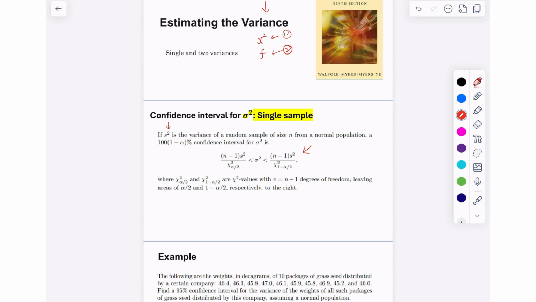From this formula, you need to know n, the sample size, and the variance from the sample. Since we apply the chi-square distribution table, we need the degrees of freedom, which is the sample size minus 1, that is V equals n minus 1.